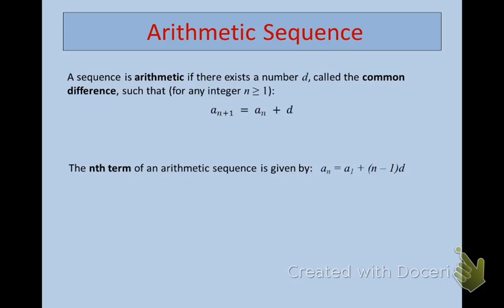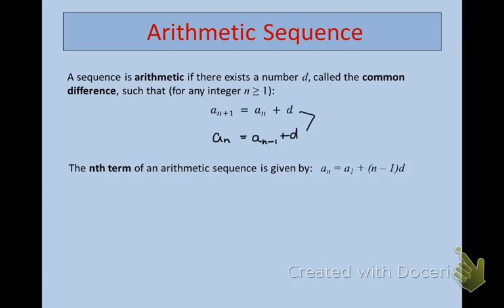I'm going to sum that up on the next slide, for arithmetic; we'll do geometric in a little bit. A sequence is arithmetic if you can find a common difference, which is what you're adding on or subtracting every single time. You'll notice I wrote this slightly differently than the other way, but it doesn't matter which way you write it. If I wrote a sub n, then I would be writing a sub n minus 1 plus d.